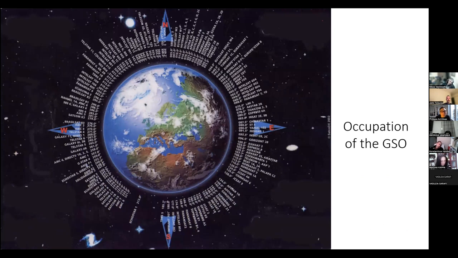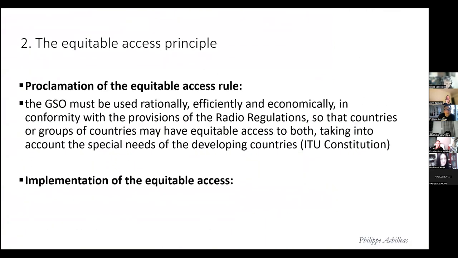As I told you, it is almost full. And when you see the list, the names of the spacecrafts, you can see that there are very few satellites from developing countries. So the ITU said, okay, we will change the rule.